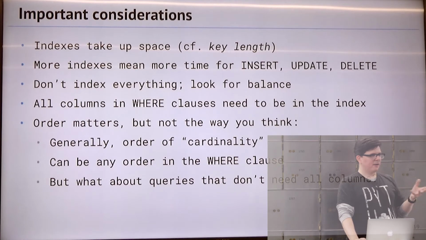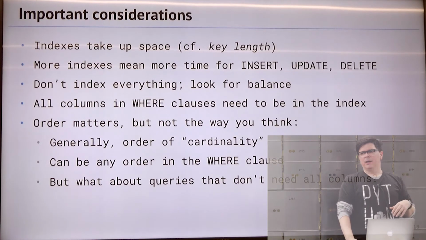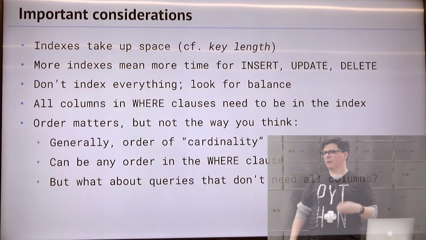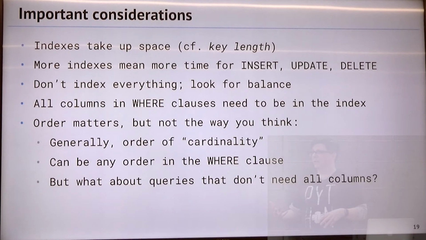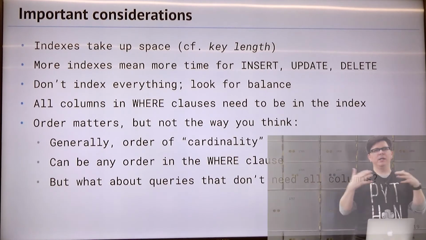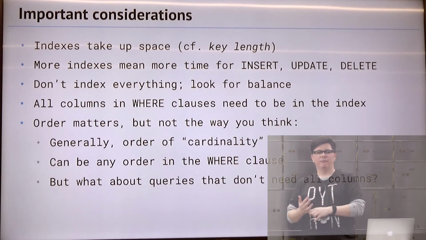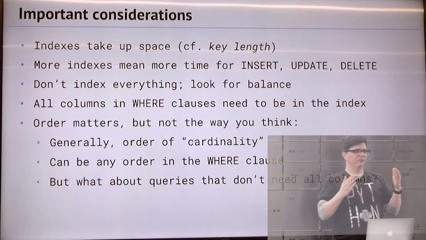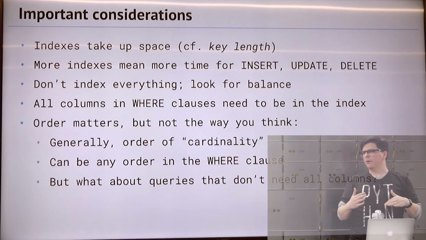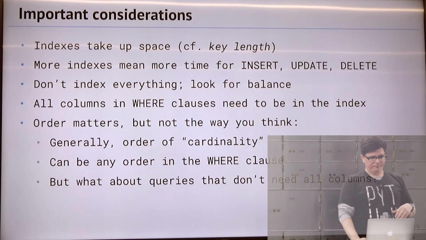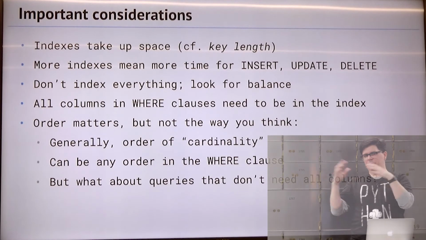And the order does matter to some degree. Optimally, you want them in the order of cardinality, and that means how many unique entries will be in a particular field, like a date time field. Almost every one of those is going to be unique, right? So let's say you're going to do 3 columns together.